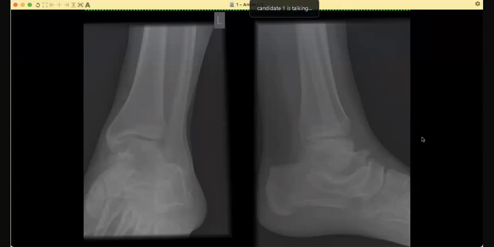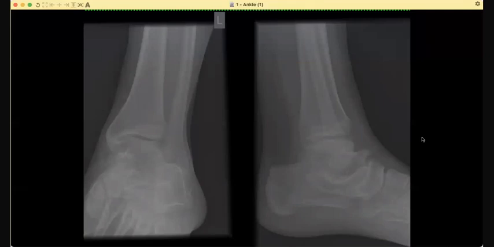Thank you. I'm presented with AP and lateral radiographs of a skeletally mature adult, a 24-year-old presenting with hindfoot pain. I cannot see any obvious fracture.